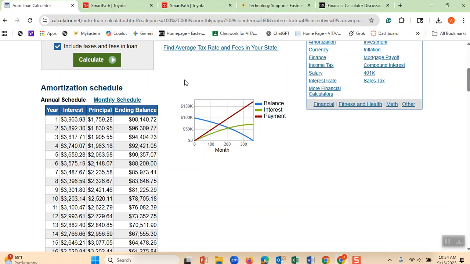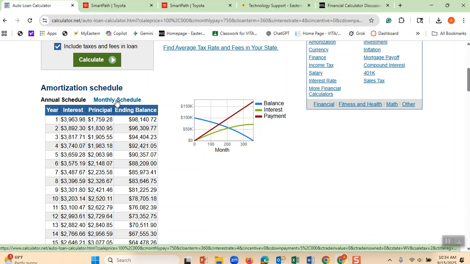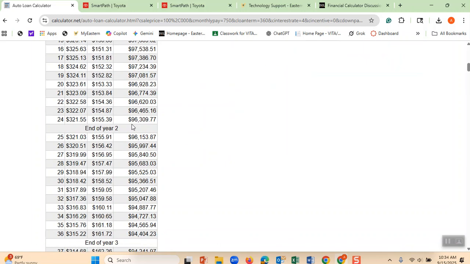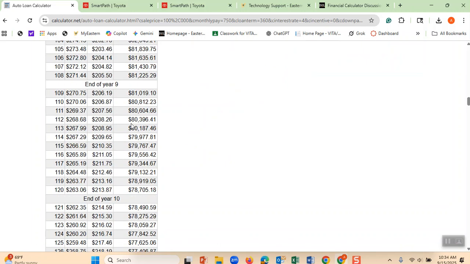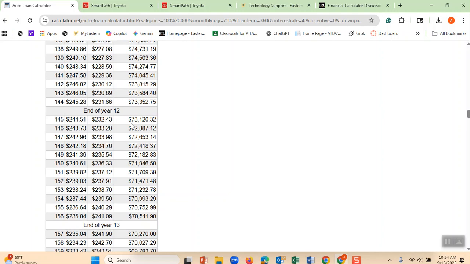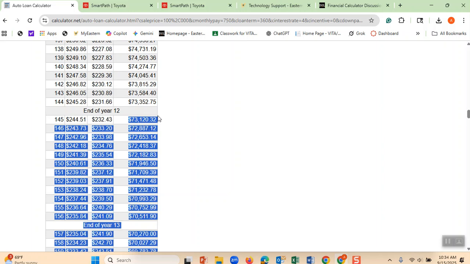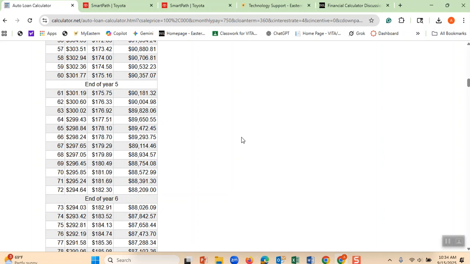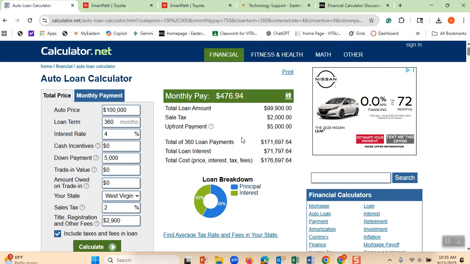You will have a long amortization table because it is for 30 years. Do you see that? If I click here, it will go down all the way to 30 years. It means after 12 years, if you want to pay off your mortgage, this is what you have. For now, I want you to use this calculator to learn about the car.